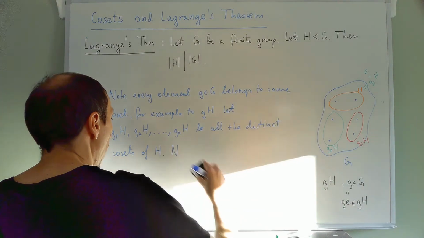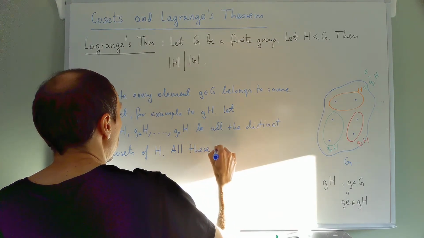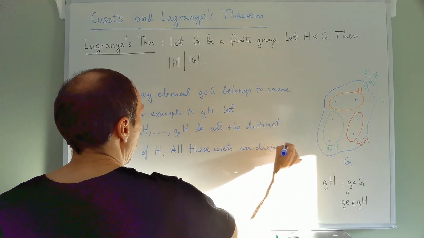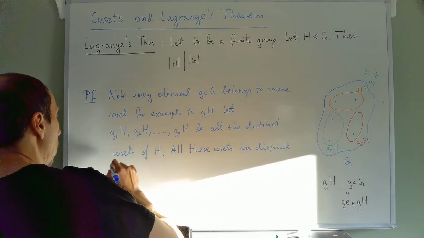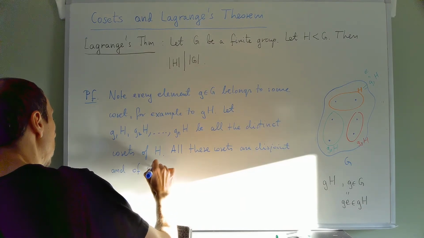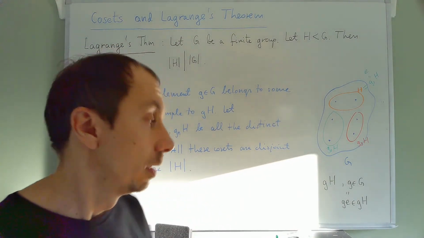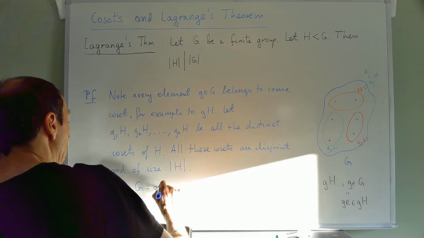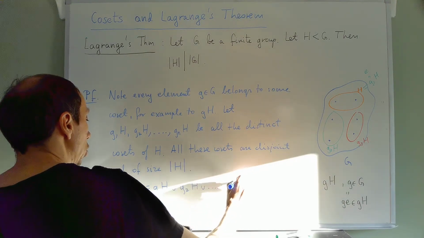So all these cosets are disjoint, and of the same size, namely the order of H. So I can write G as g1H union g2H union ... union gnH.